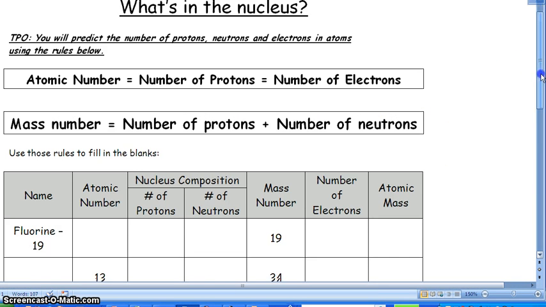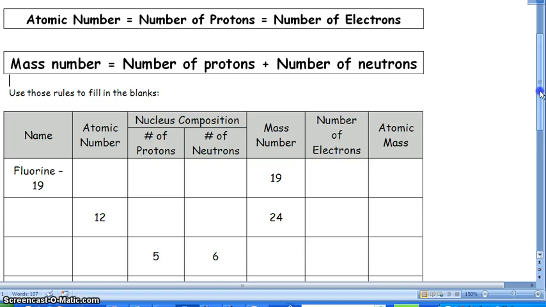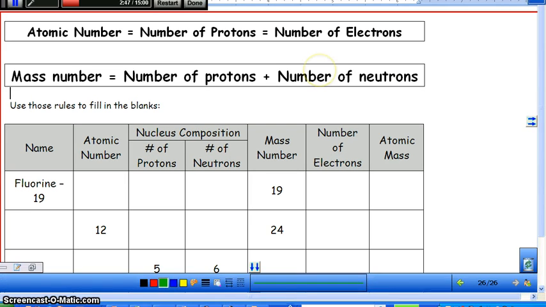Let's scroll down and look at your assignment. Okay, so I've given you the name here. It's fluorine 19. We tell you it's fluorine 19 because its mass is 19. Not all fluorine has a mass of 19. As you'll see, some has a mass of 18.